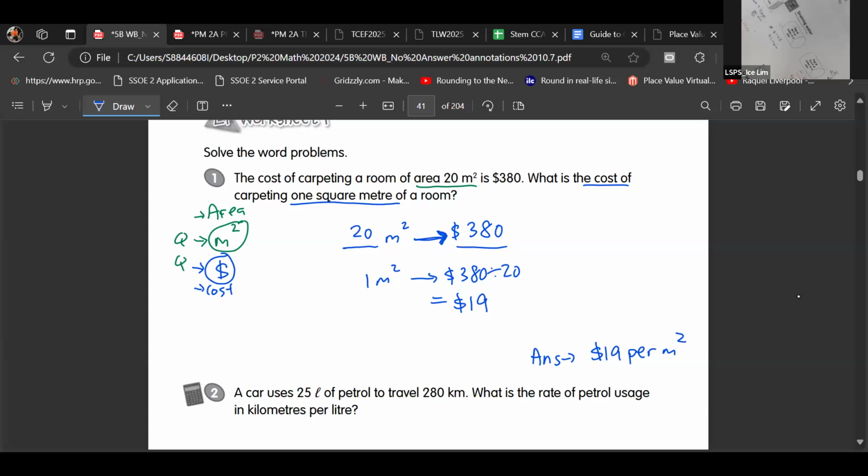Or I can also write $19 per meter. Both are acceptable. So the slash here refers to per. Important to check your unit of measurement.